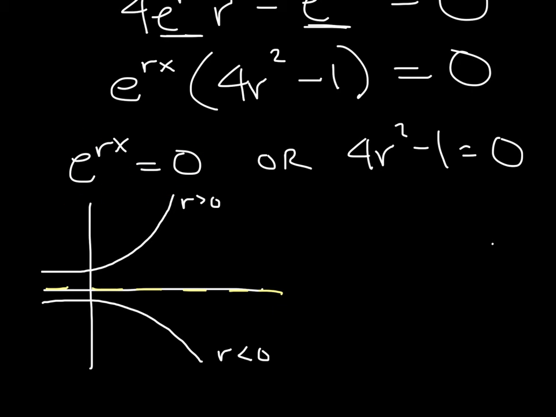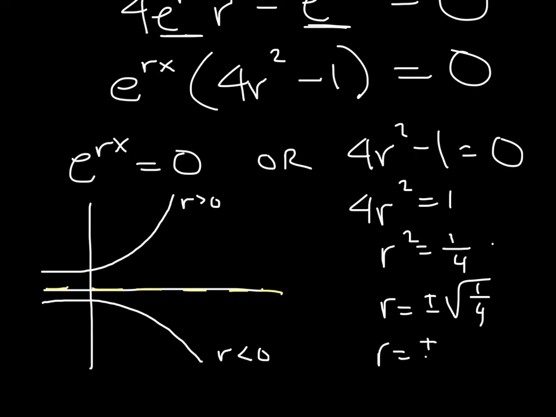But what about the other factor? And this one's pretty easy. I mean, there's a couple different ways you can do this. I'm going to go ahead and add 1 to both sides. r squared equals a fourth. And then we can use our square root property. And we get r is 1/2 or -1/2. If you wanted to use the difference of two squares, you're going to get the same solution.